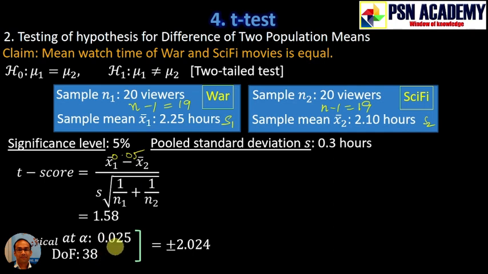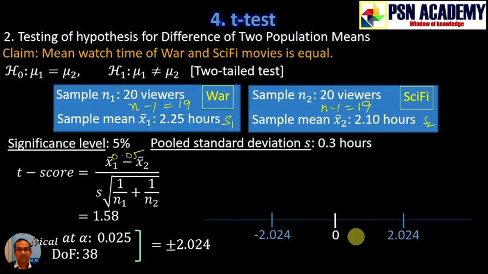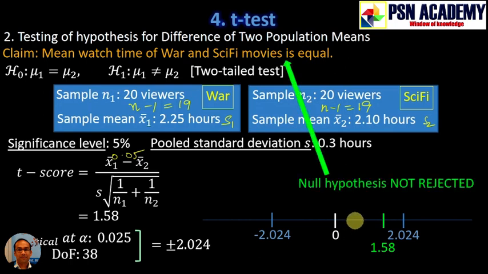So based on this data, the table shows that the range is plus minus 2.024. Now our t-score is somewhere here at 1.58, and it is within this range, right? So we do not reject the null hypothesis. Clear?